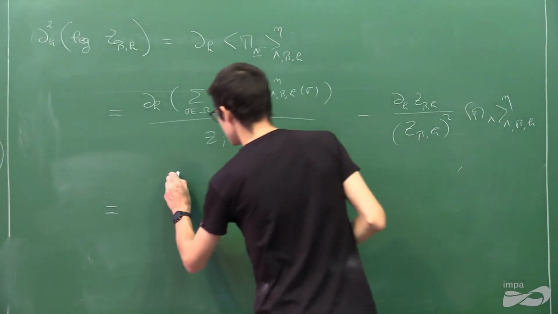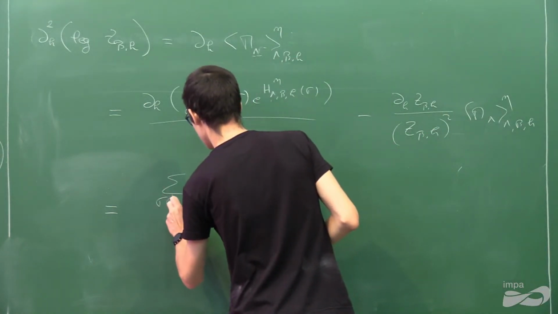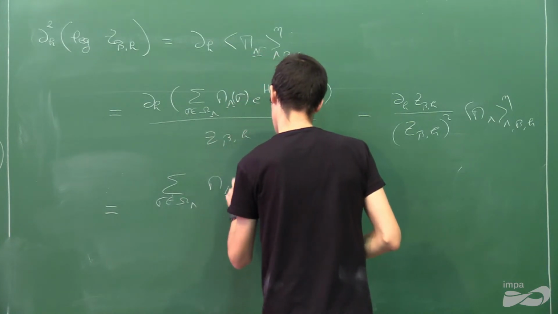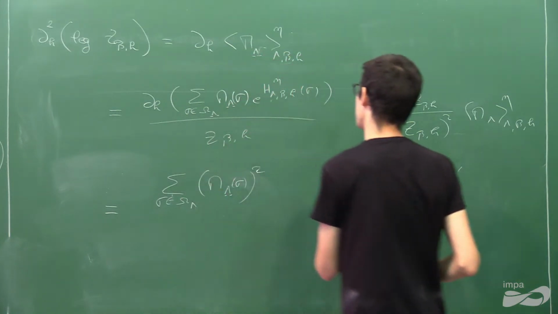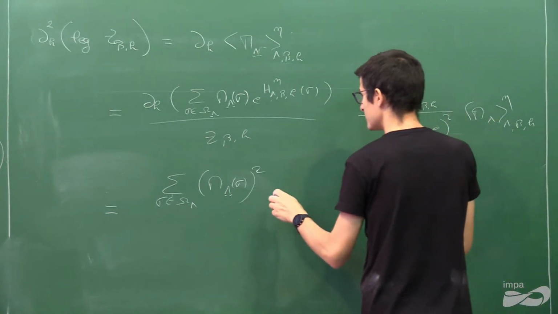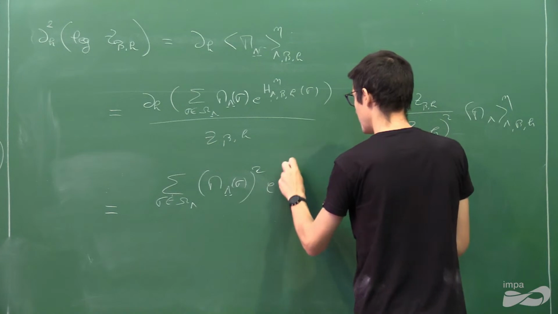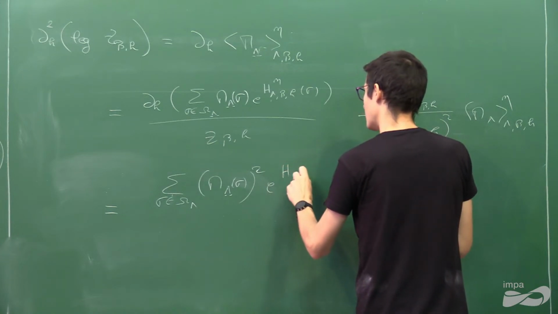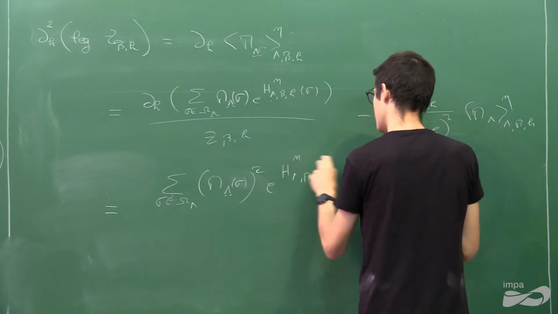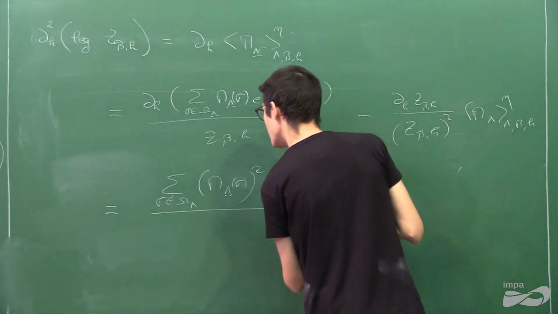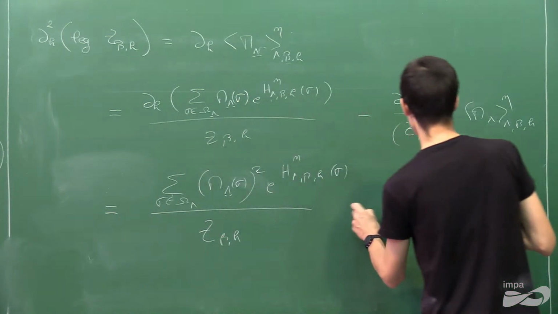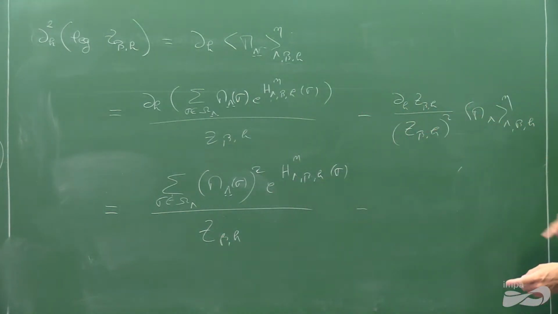So what I get is the sum over sigma in omega lambda of m lambda of sigma square times exponential of h lambda beta h eta sigma over z beta h. And here I've already done the computation.